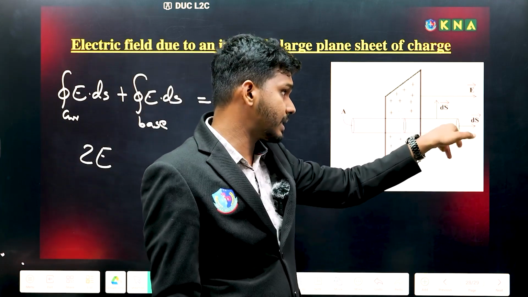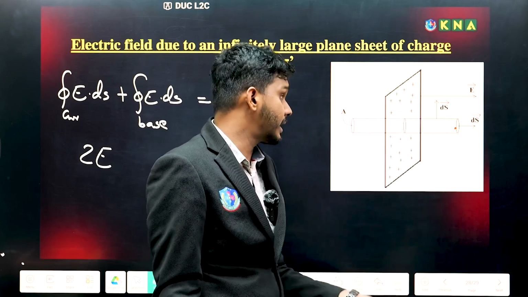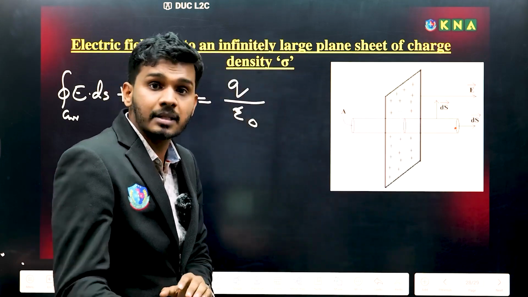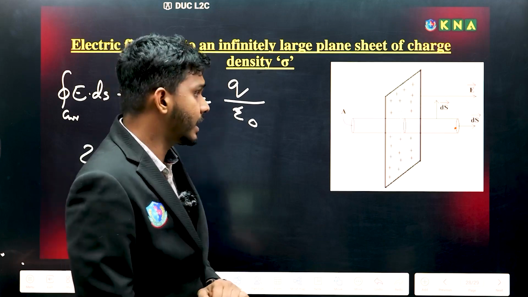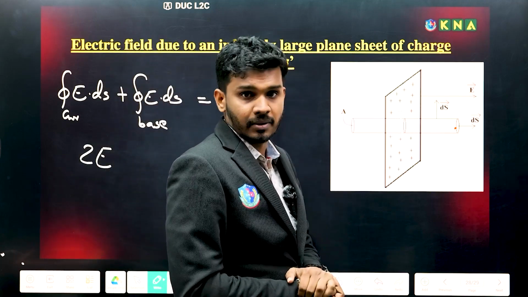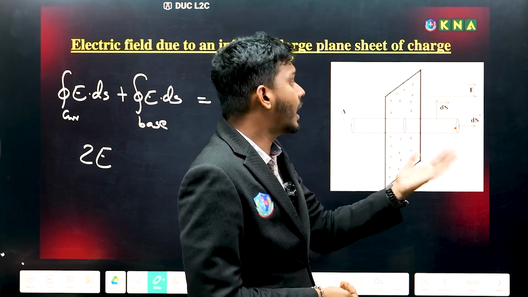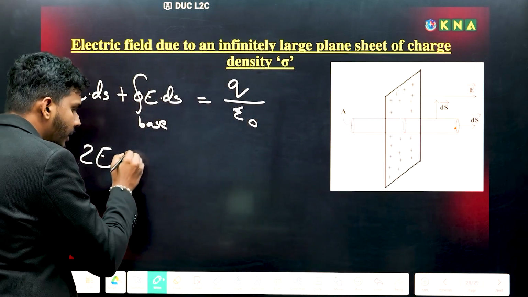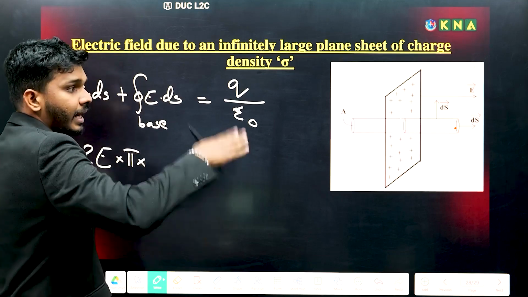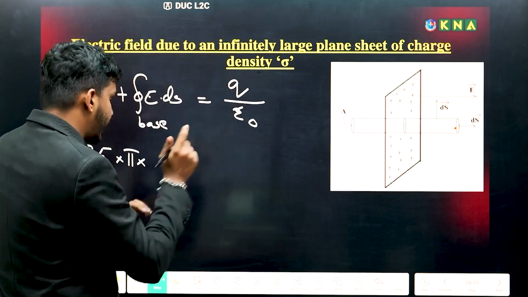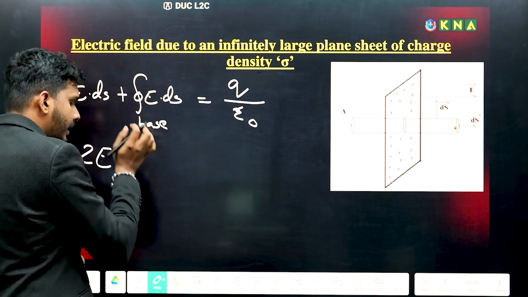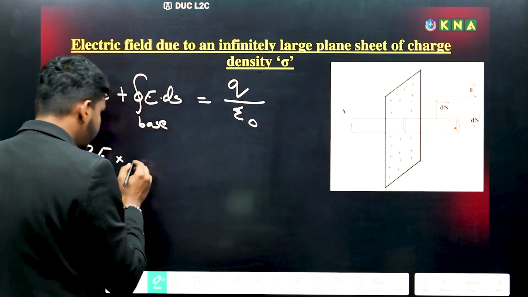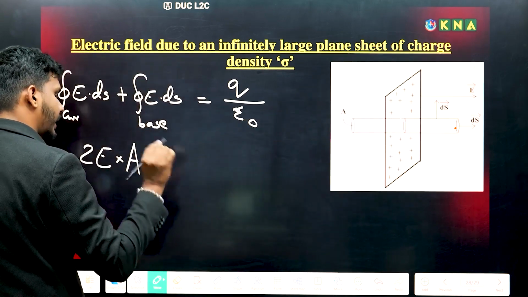The base surface area is pi r square. So it is 2E into pi r square. Substitute directly: the area is A, so 2E into A.